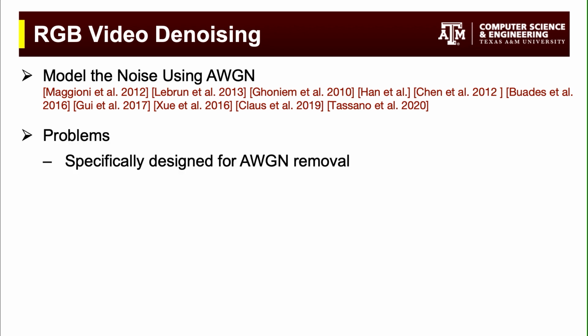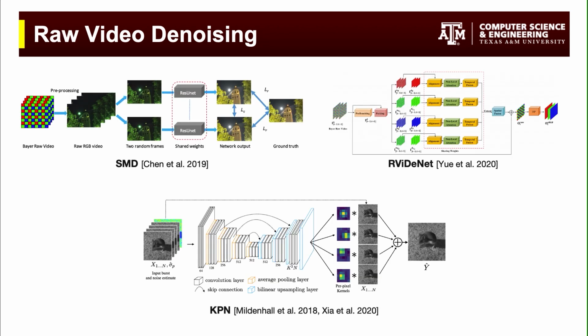However, since these approaches are specifically designed to remove AWGN from RGB videos, their performance on real-world videos, which usually have a more complex noise, is suboptimal. To address this issue, a few recent methods propose to perform denoising on raw videos by accurately modeling the noise.